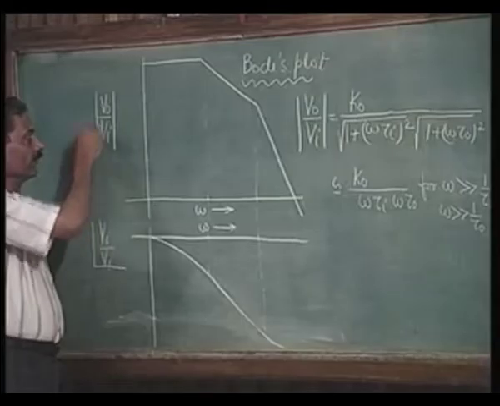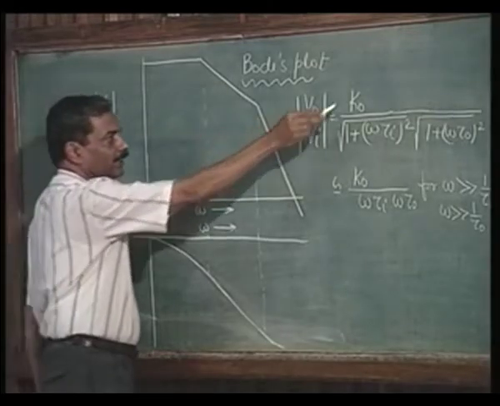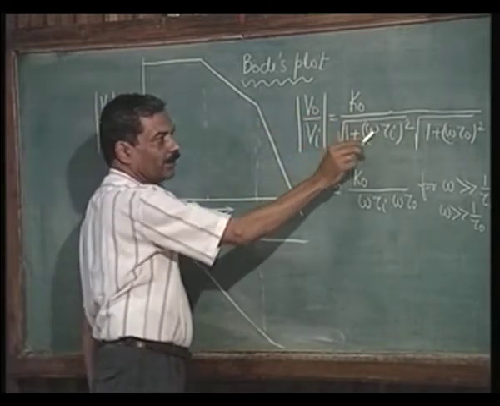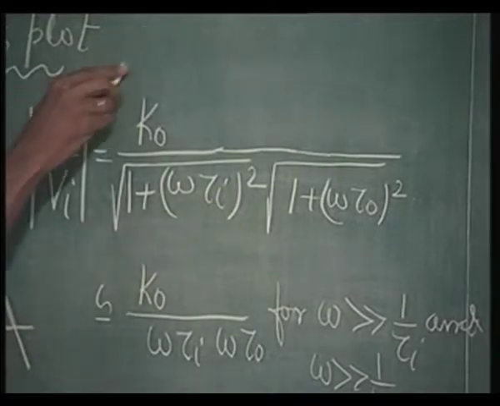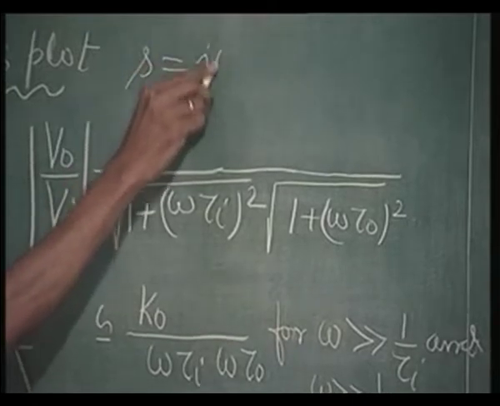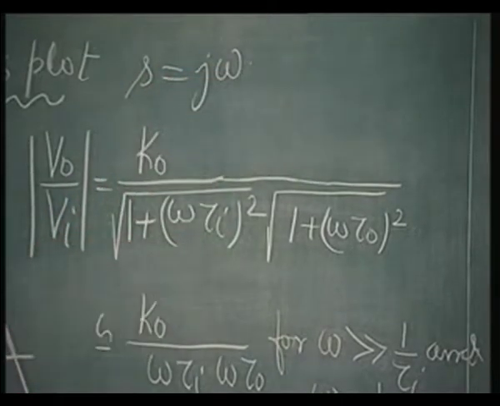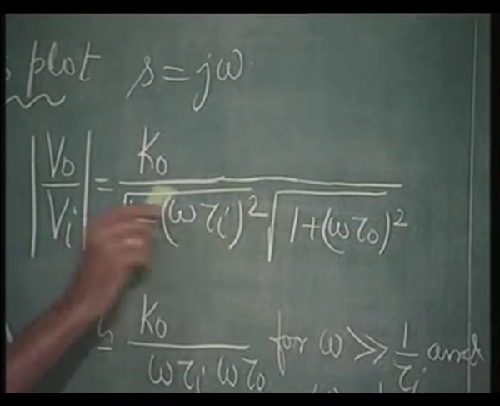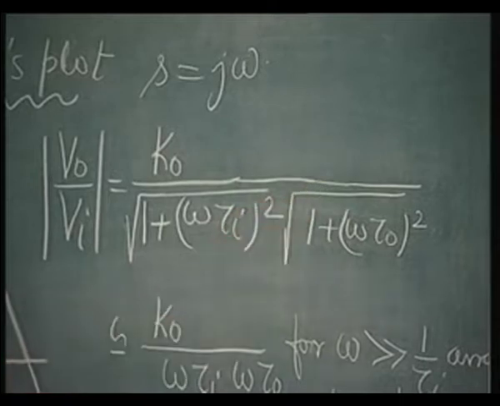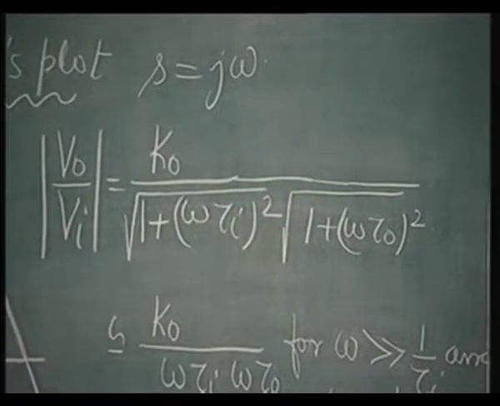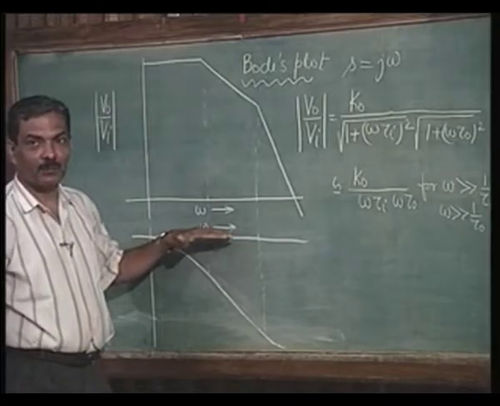This is magnitude of V naught over Vi, which is K naught divided by root of 1 plus omega tau I whole square, where S is replaced by j omega, and then you find the magnitude. So, root of 1 plus omega tau I whole squared into root of 1 plus omega tau naught whole squared. That is the magnitude function, plotted as a function of omega.